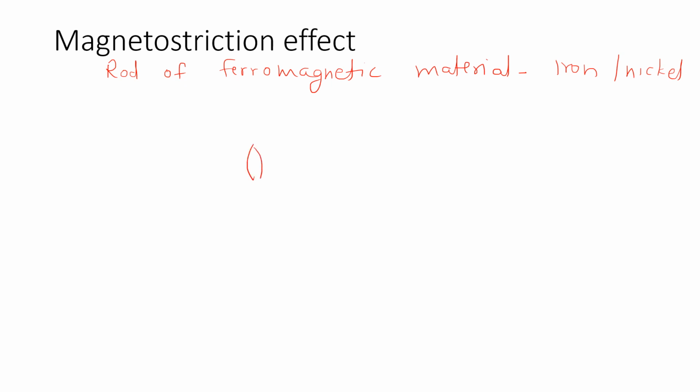When a rod of ferromagnetic material like iron, nickel is placed in a magnetic field parallel to its length, let us show this. Here is a rod which is placed in the magnetic field.